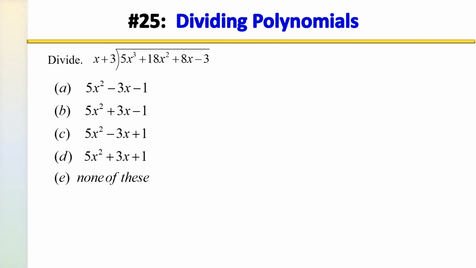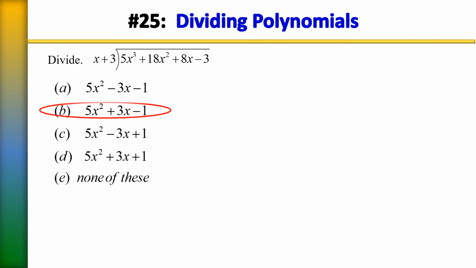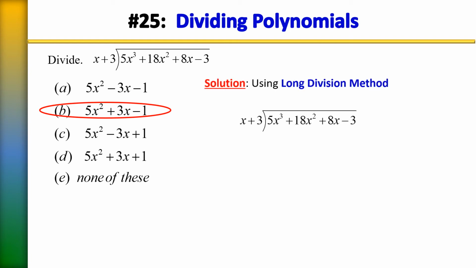Number 25, divide the following polynomial. So what is the correct answer? Choice B. Okay, so to divide polynomials such as this, you're going to use the long division method.